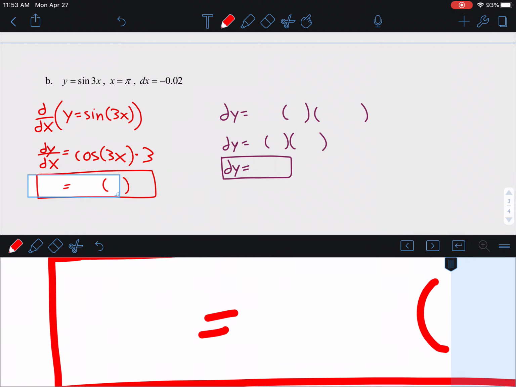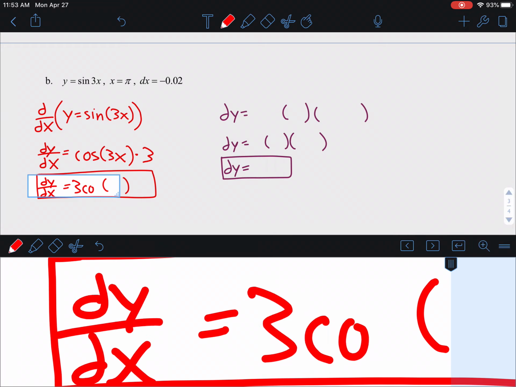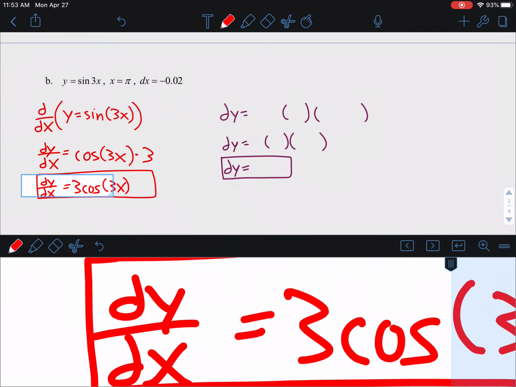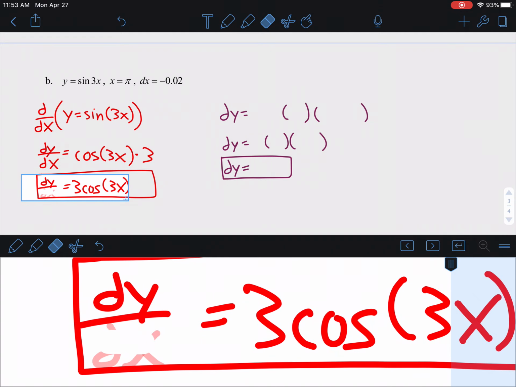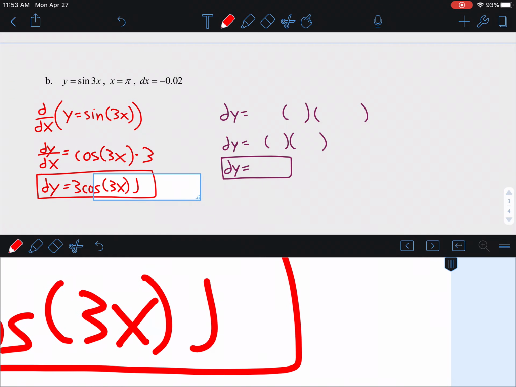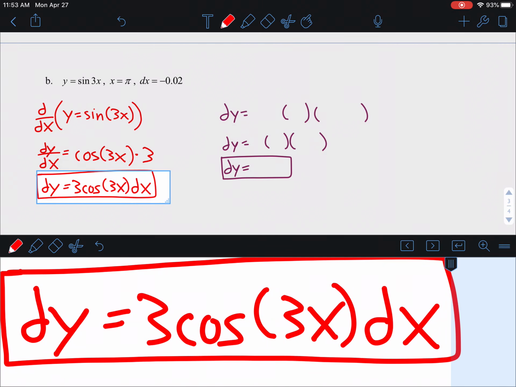And so we're going to get dy dx equals 3 cosine of 3x. But, oh, whoops, I remember, I'm trying to solve for the differential. Okay, sorry. So we did that up here. Let's multiply the dx over. My bad. So we get dy equals 3 cosine 3x times dx.